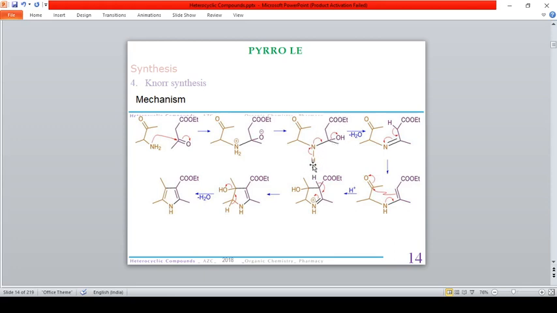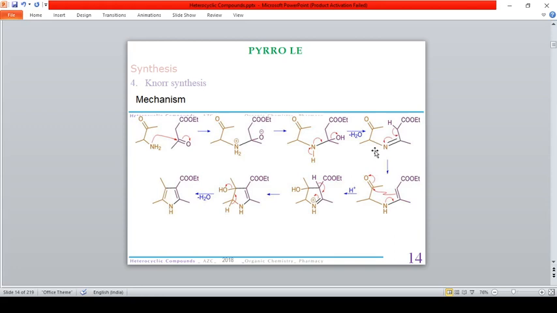So one water molecule is released: hydrogen from the nitrogen, the substituted hydrogen, and OH negative from this carbon will be released and form a water molecule, and we will have a double bond between nitrogen and carbon. Again, this proton will be released, and there will be a shift in pi electrons, and this nitrogen will have a lone pair.